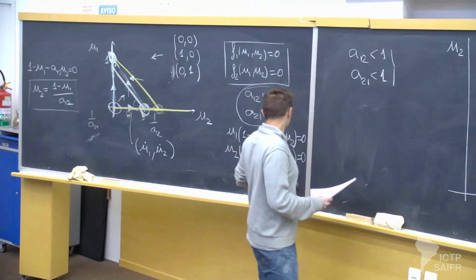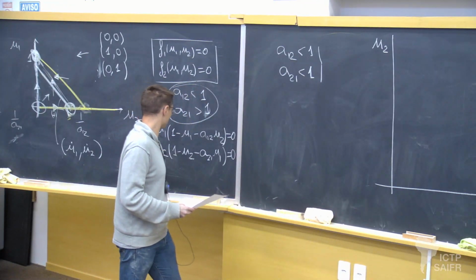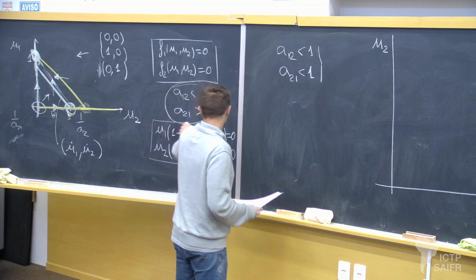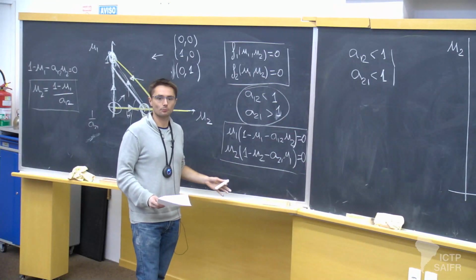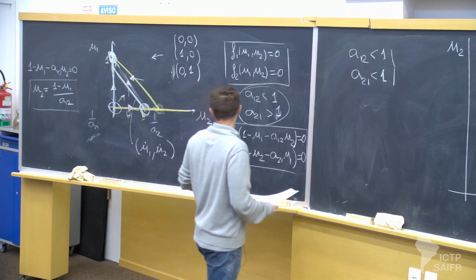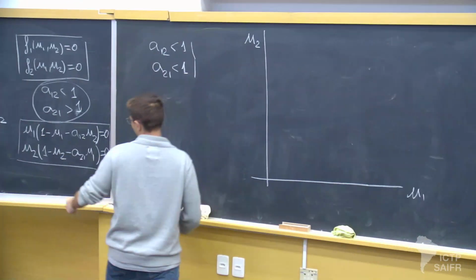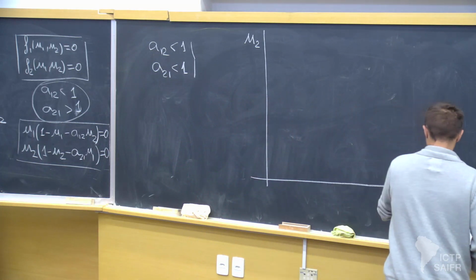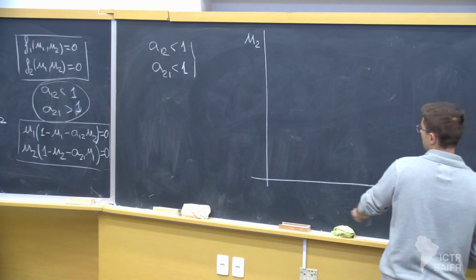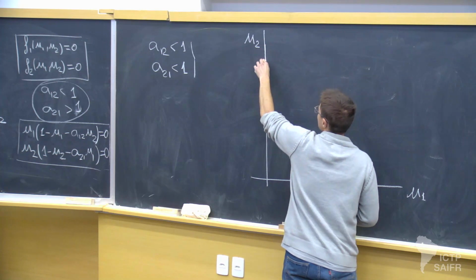So again, we have these null clines and we're going to plot them again. We're going to go a little bit faster with the trivial ones. The first one is U1 equal to 0, which is the U2 axis.